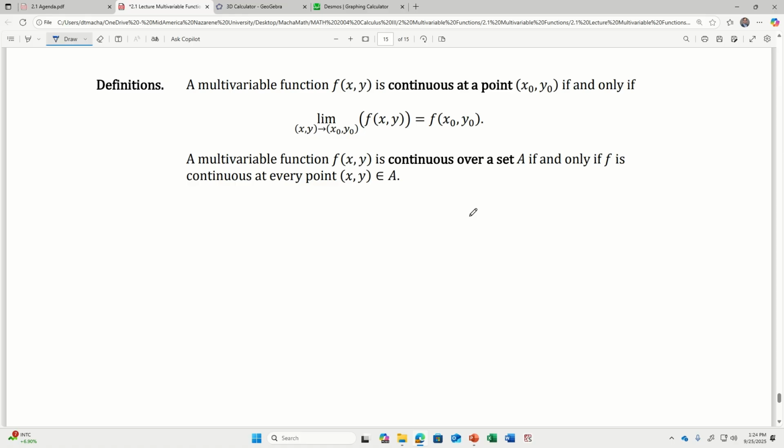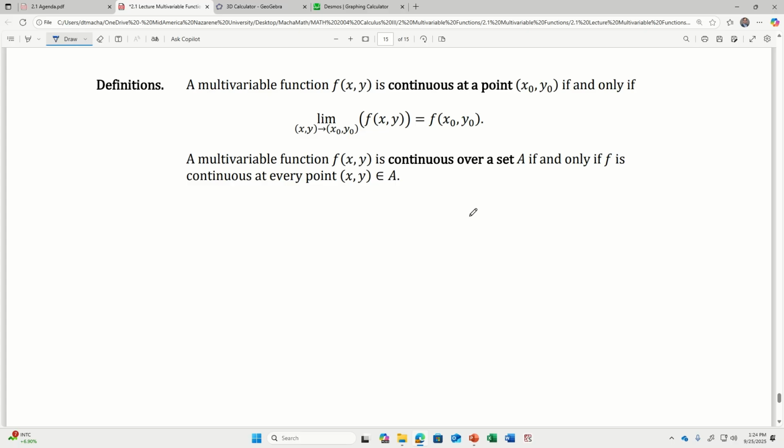And then we've got to the end of my notes here. The last thing you should be aware of is just this definition. If you've got a multivariable function, that function is continuous if and only if the limit exists at that point, meaning the limit taken from every direction of approach is the same and it exists.